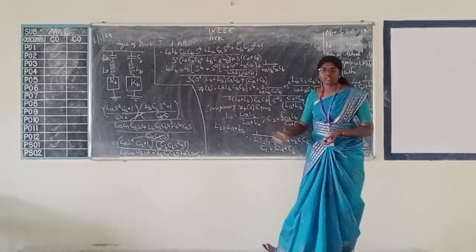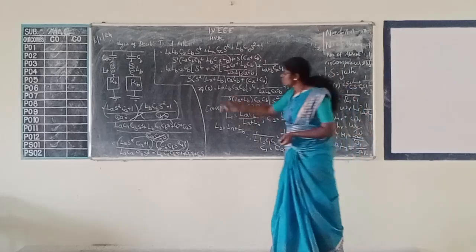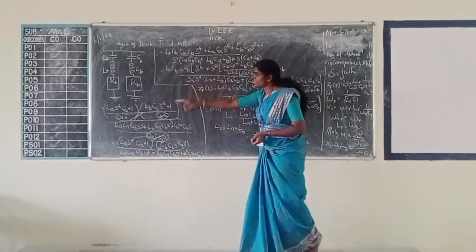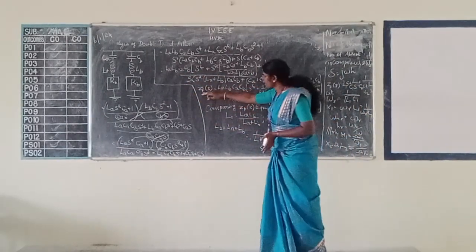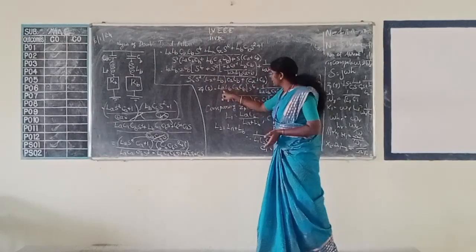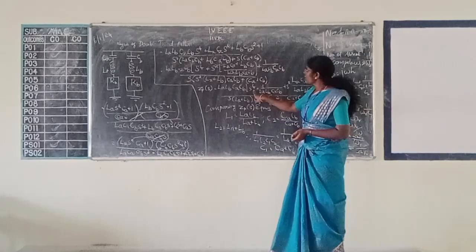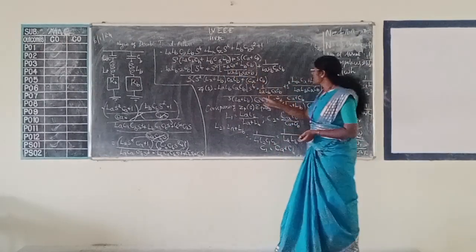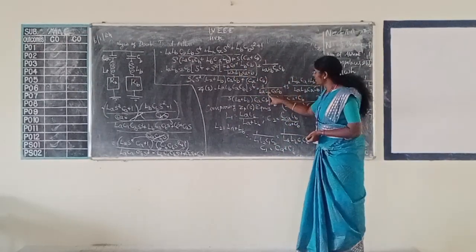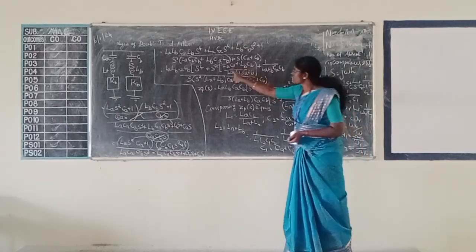We have just written the impedance, right? So ZF of x is equal to LA, LB, CA, CB into S power 4 plus, we can write this as 1 divided by LA, LB, this denominator.